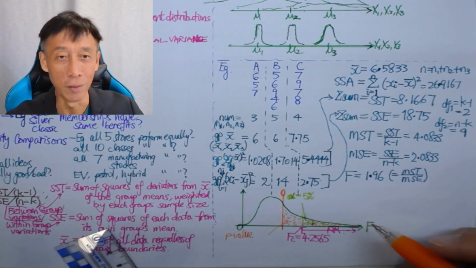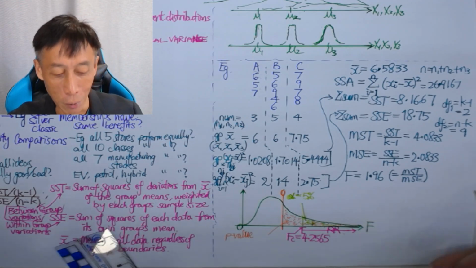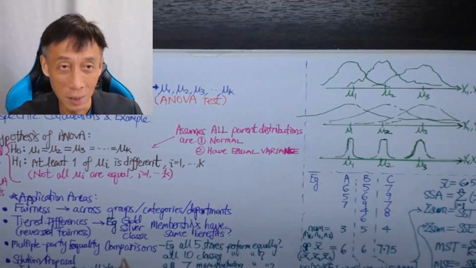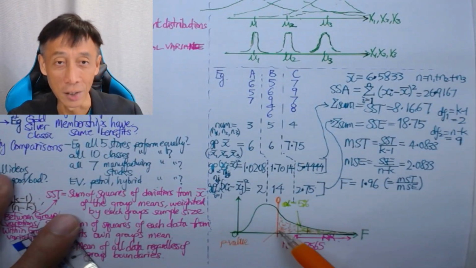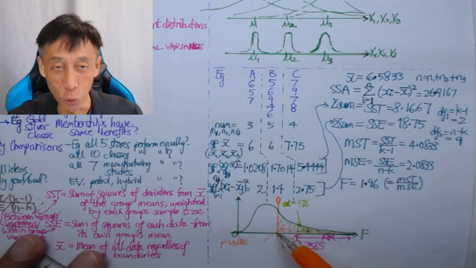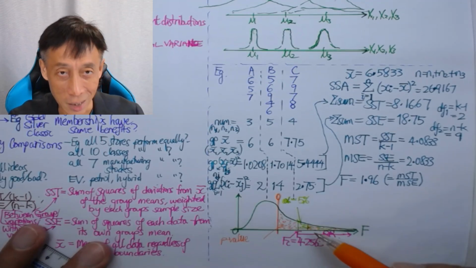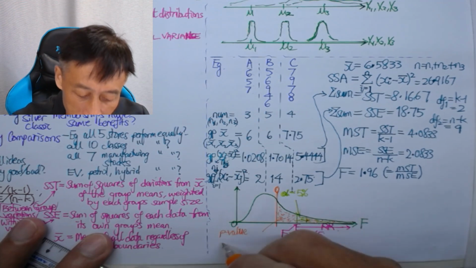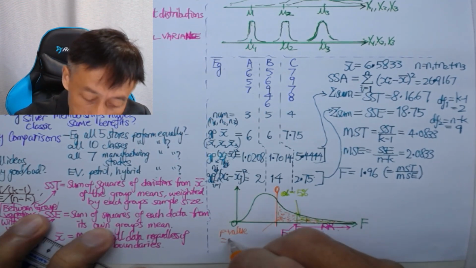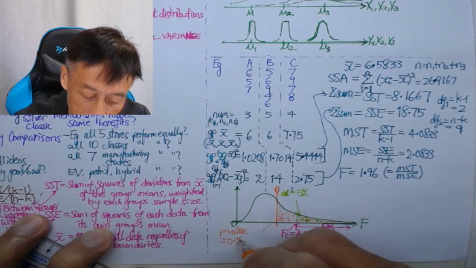So everything is a bit strange. Our hypothesis is about equality, but it is actually a right tail test, not left tail, not two tail. So our p-value is right tail, and you don't have to times 2. After F.DIST, you should get 0.1965.